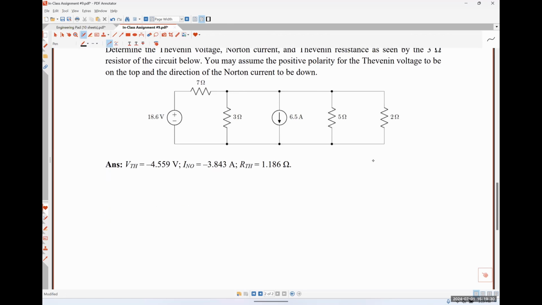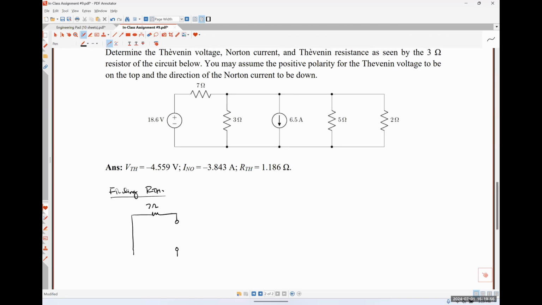So when we're solving for the Thevenin resistance, we need to be looking at a dead network. So that means our 18.6 volt source is turned off. Here is our 7 ohm resistor. We take our 3 ohm resistor out because we were explicitly asked to find the equivalent circuit as seen by the 3 ohm resistor.